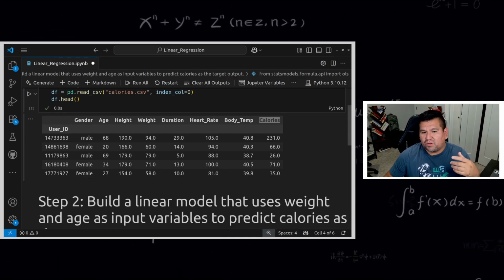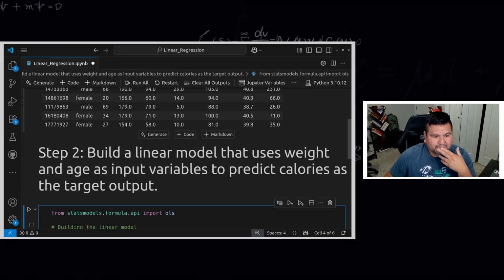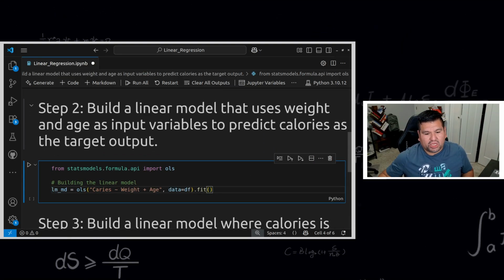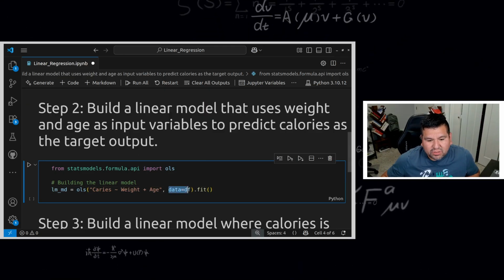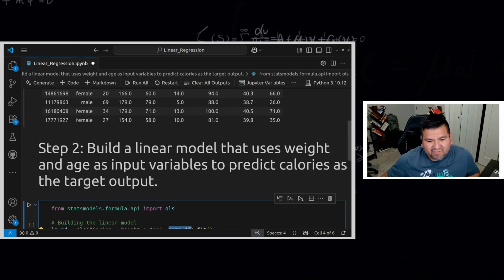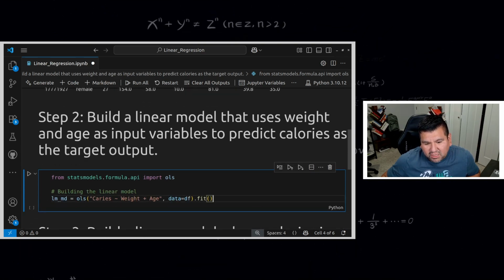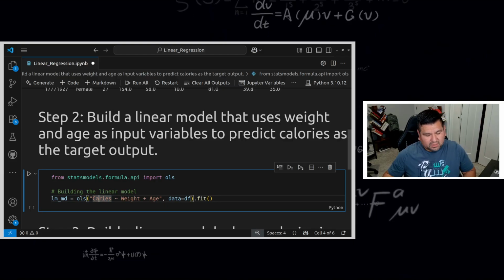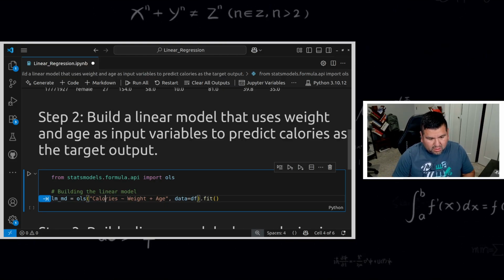In this case we're going to use weight and age, and the data that we're going to use is the data frame that we just created. It's called df, and then fit. So up to this point, it will build the model, again, for calories.